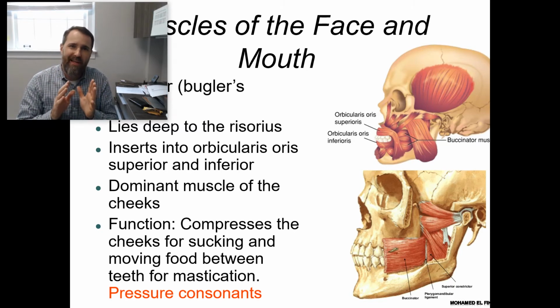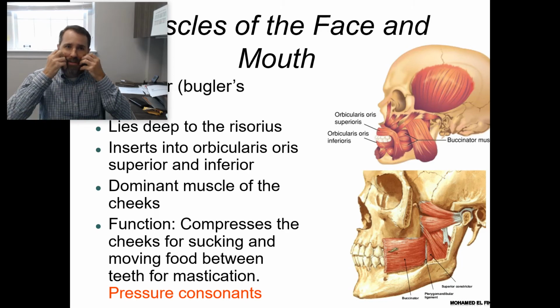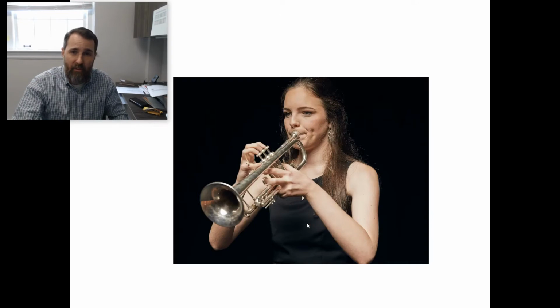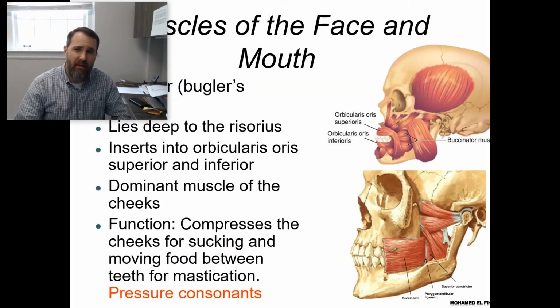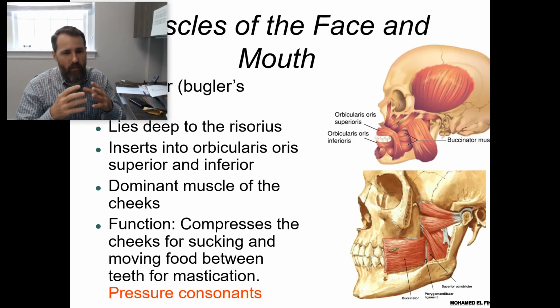It's referred to as the bugler's muscle because when a person is playing a bugle, the cheeks have to be tensed to keep their cheeks from ballooning out. So if we look at this girl playing the trumpet, you see that her cheeks are tensed. They're not up and inflated. So the buccinator is that muscle that tenses the cheeks.